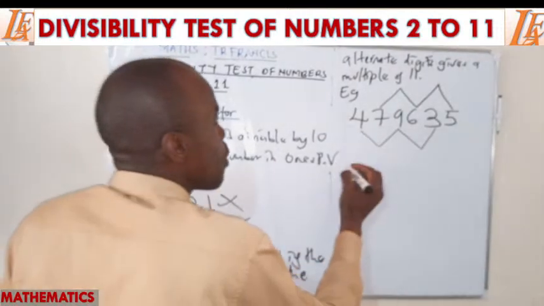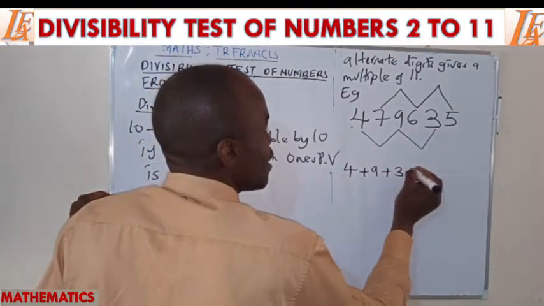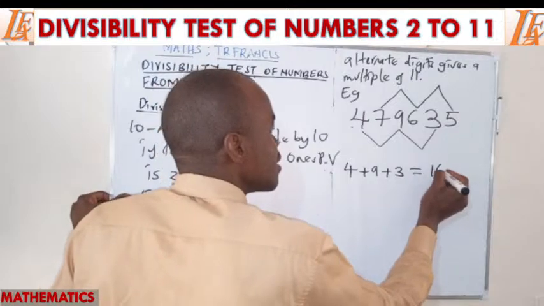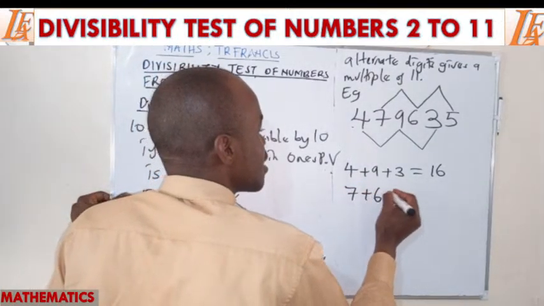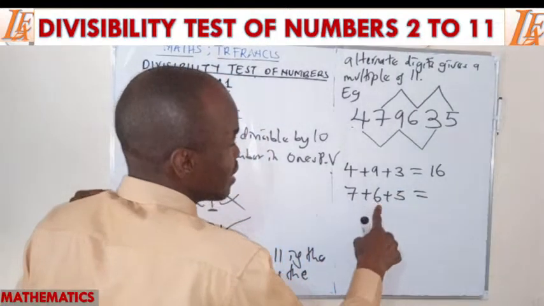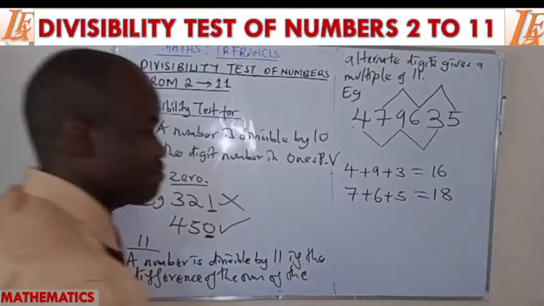So it starts with 4 plus 9 plus 5, which gives 18. Then we have 7 plus 6, that is 13.